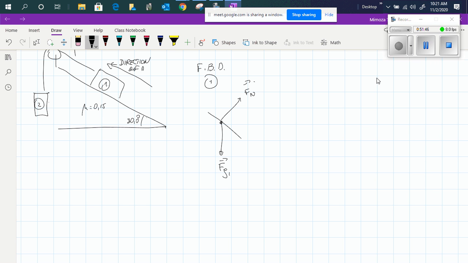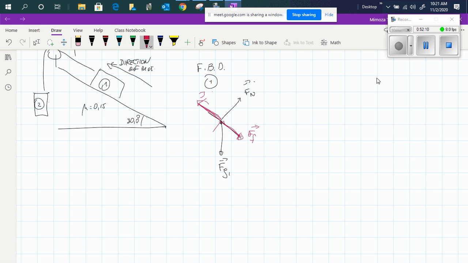Then opposing the direction of the motion, you will have force of friction that is this way. And you will have the tension going from the object along the string.